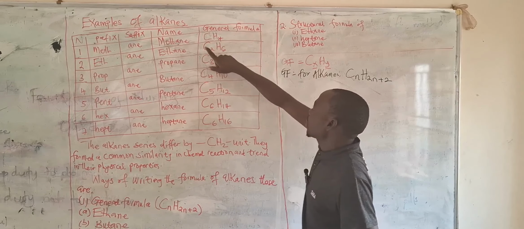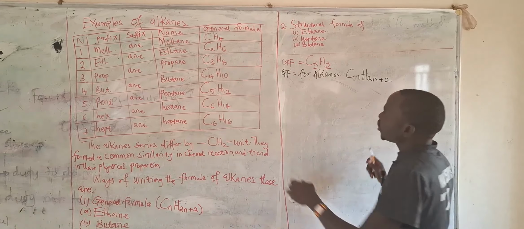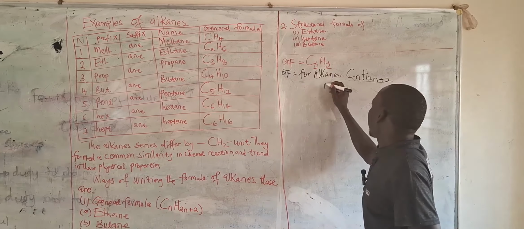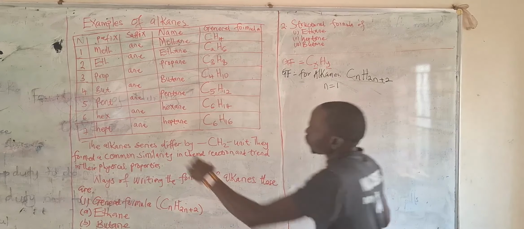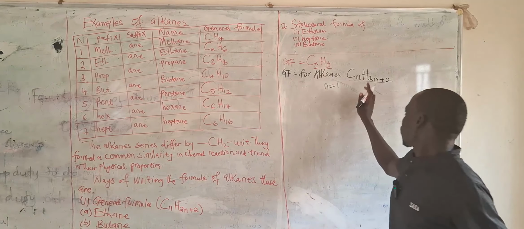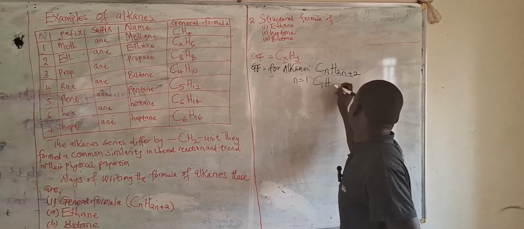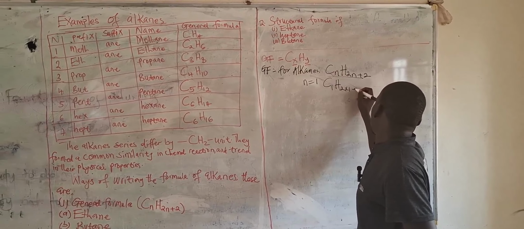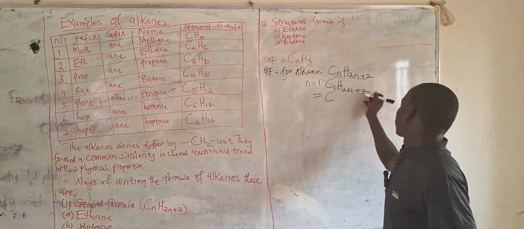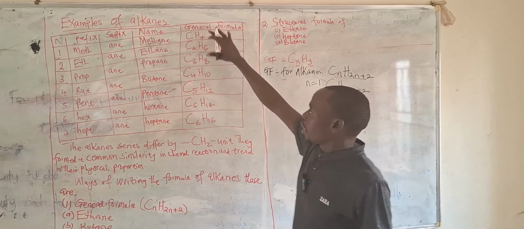The formula becomes CH4. How did we get this? We use the general formula with n equal to 1, so we have C1H(2 times 1 plus 2), which gives C, then H4. That's how we get this formula.